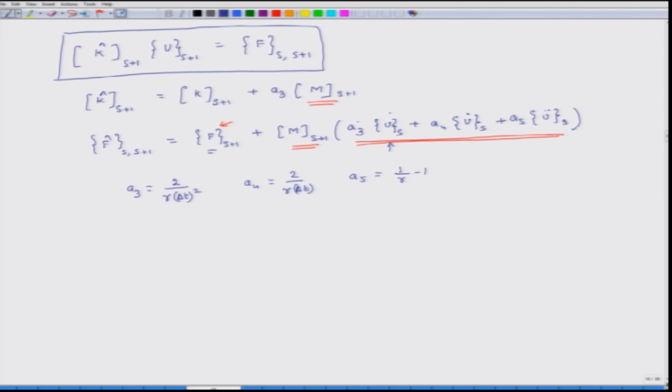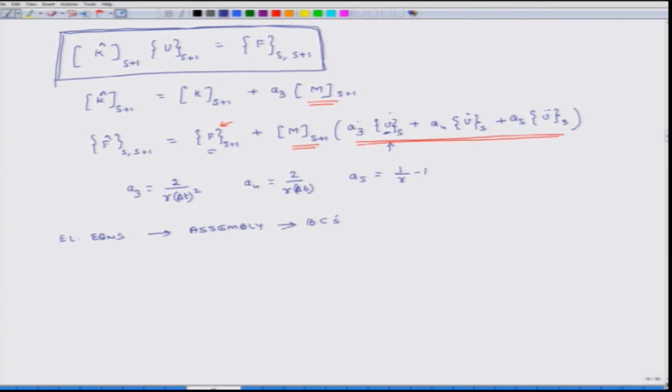Now, when I solve for this equation, how do I do that? I first do element equations, then I do assembly, then I do boundary conditions. But to solve for the next time step, I have to know the solution at the previous time step.